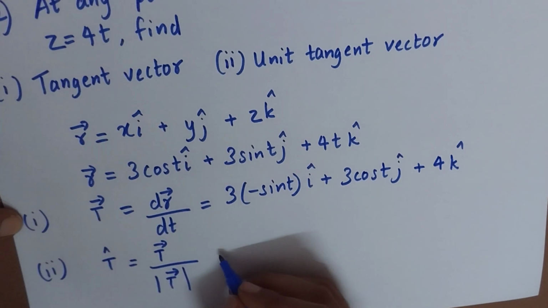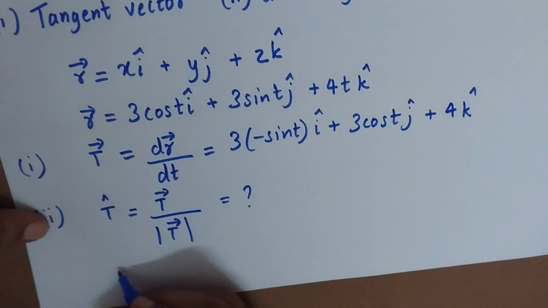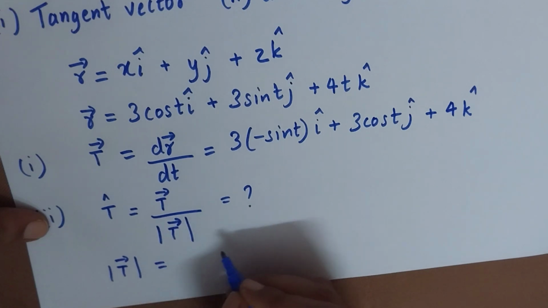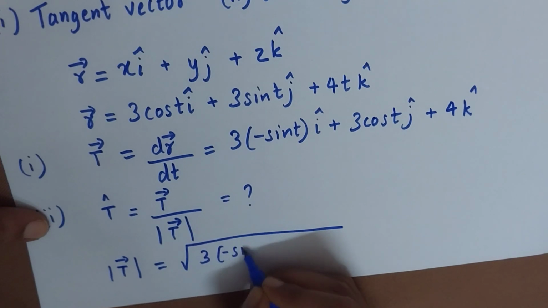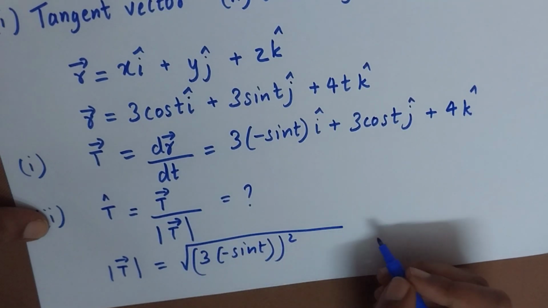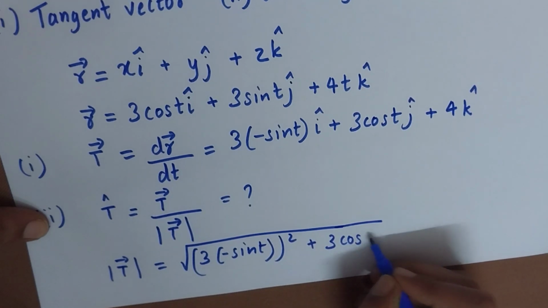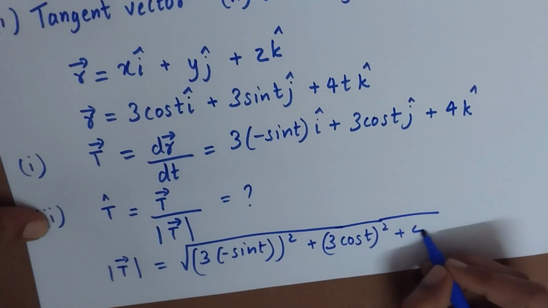Now the magnitude of the tangent vector is the square root of minus 3 sin t the whole square plus 3 cos t the whole square plus 4 square.